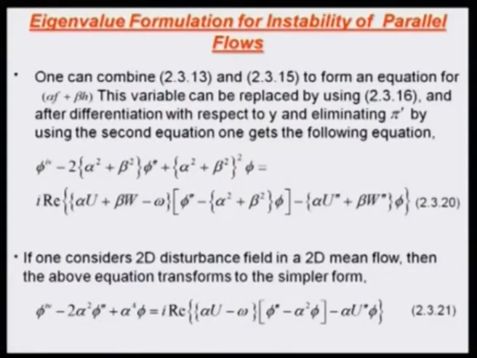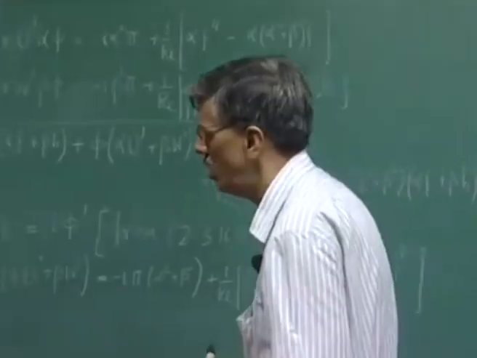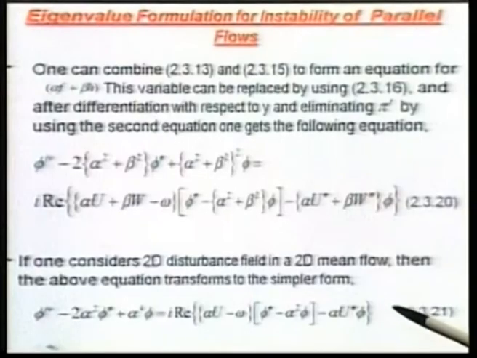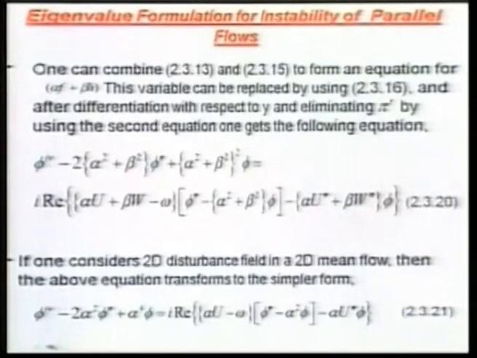The corresponding form for 2D mean flow and 2D disturbance field was obtained originally by Orr and Sommerfeld, that takes this form. So, you can just simply substitute capital W equal to 0, and if you are looking at 2D disturbance, you can put beta also equal to 0, and this equation simplifies to this, and this was what was originally derived and presented by Orr and Sommerfeld.